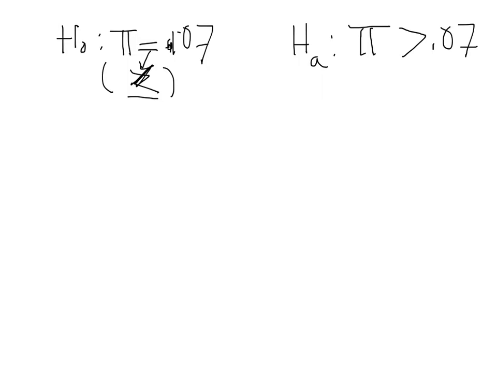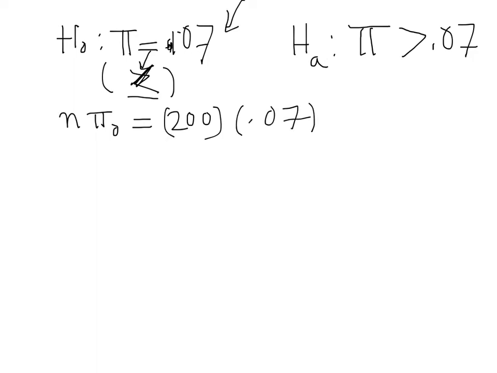Now, for the test statistic, whether it is normal or z, you need to test this. n times pi naught: n here is 200, pi naught is this value, 0.07, which is what, 140? No, it is 200 times, it's not 0.07, it's 0.7. You have to be careful that 70% means 0.7, not 0.07.